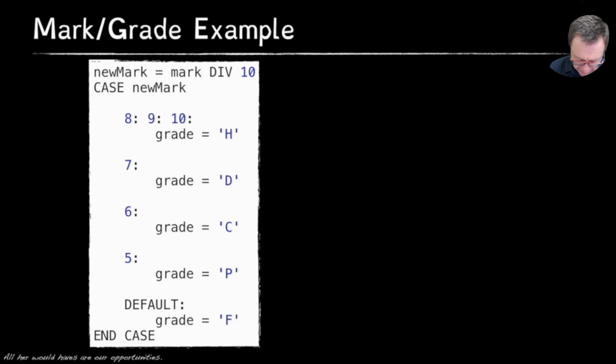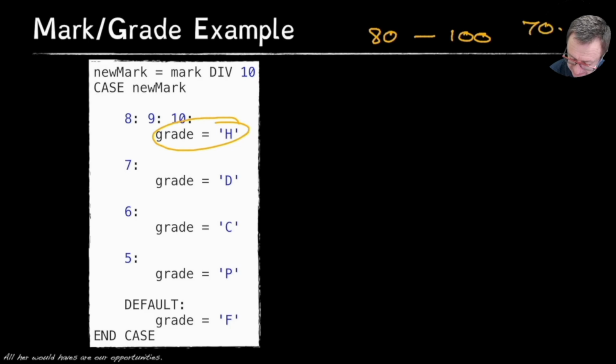Here's a good way: case mark divided by 10. Aha, because with our marks, it's from 80 to 100, and then that'll give us this one.